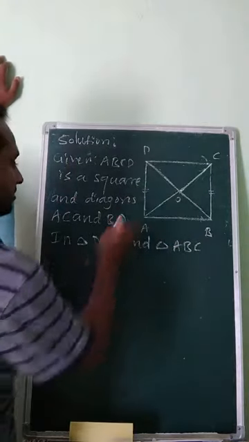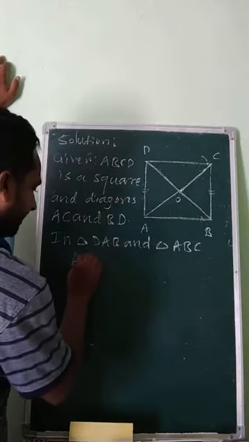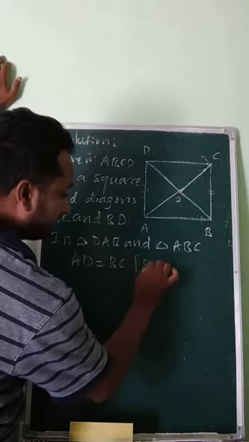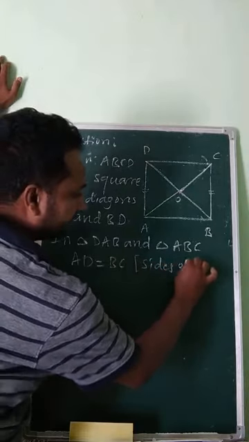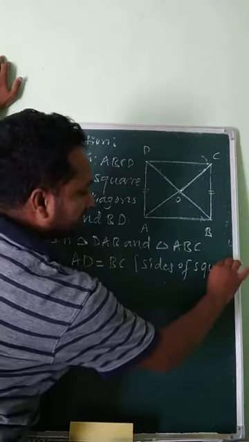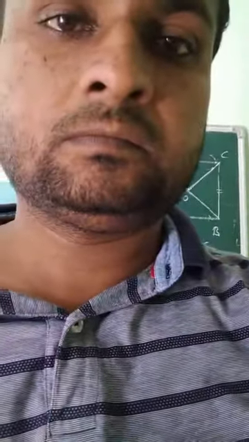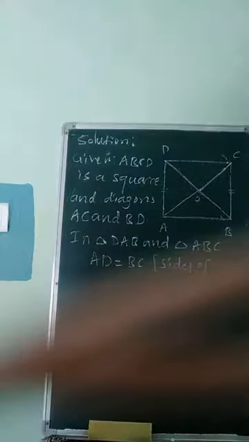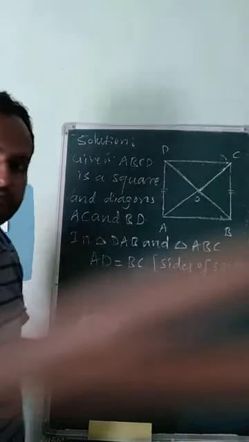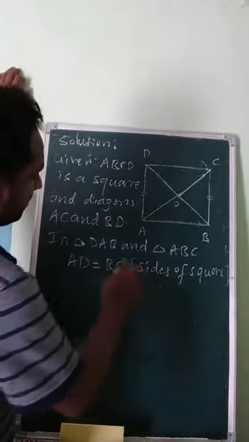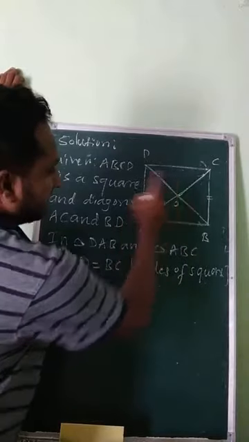So AD is equal to BC. Why? Reason compulsory: sides of the square. Now one element is equal because these two are sides of the square.